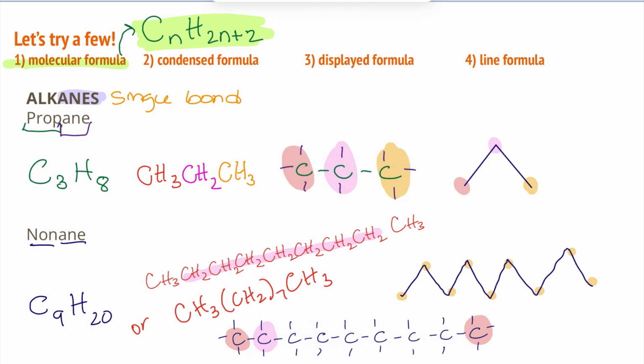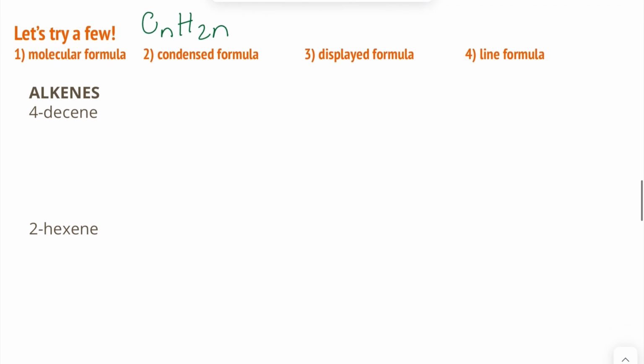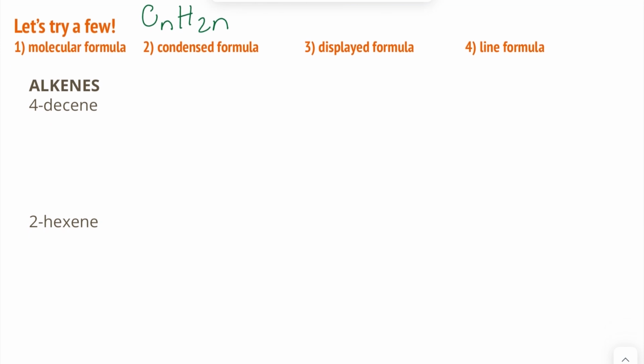All right, let's look at some alkenes. Ene now means that we have a double bond somewhere. And so we are going to potentially have a number that's going to tell us where in that chain the double bond is. So for decene, and that molecular formula is right here.